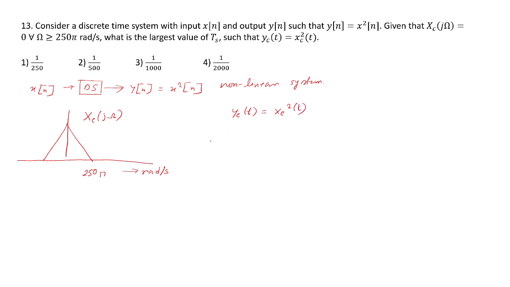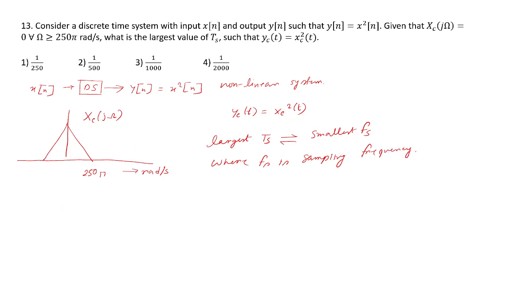So you see, the largest Ts is nothing but the smallest Fs, where Fs is the sampling frequency.